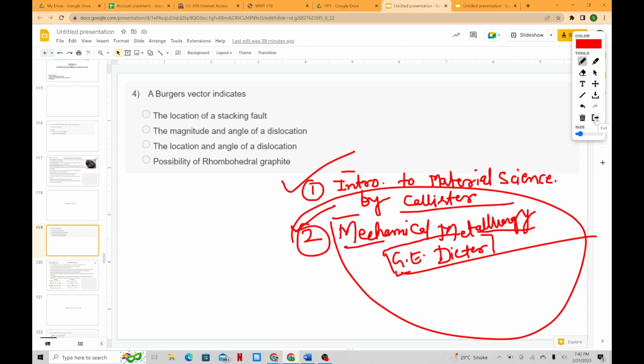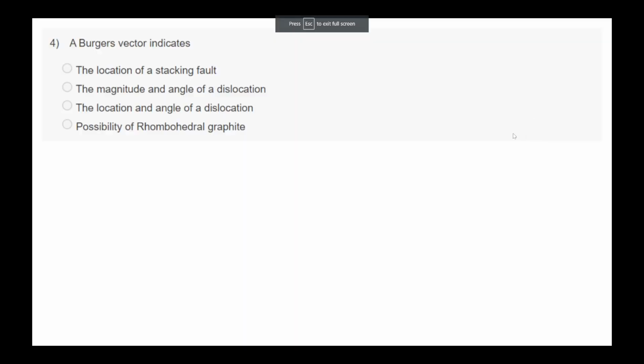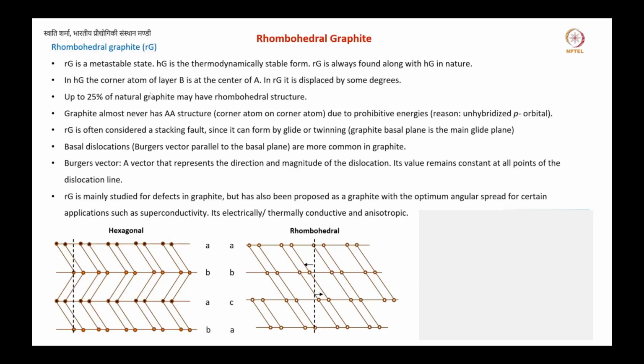So I will ask in the next class about these dislocations and the Burgers vectors. Here I will take the very basics, the magnitude and the angle of dislocations. Okay. In terms of this rhombohedral graphite, I will also discuss in the upcoming questions how many types of crystalline structure of graphite are present.